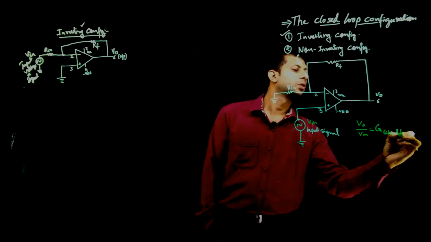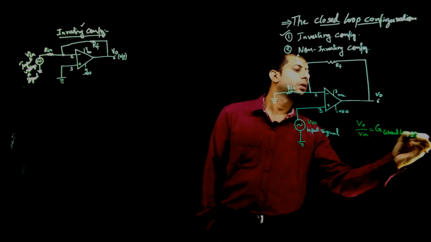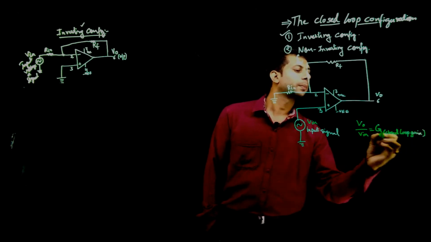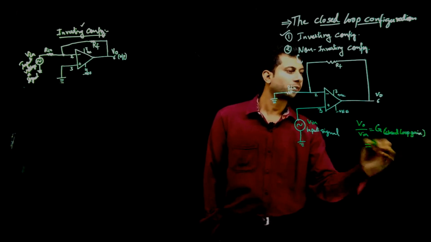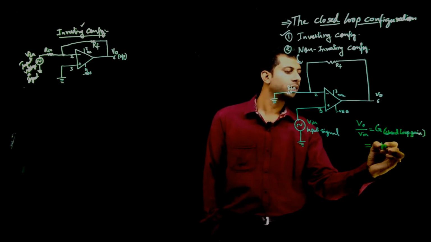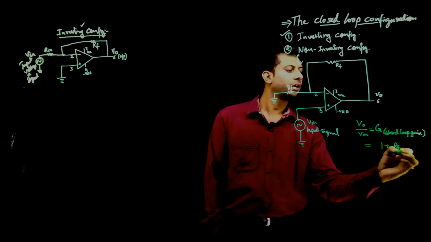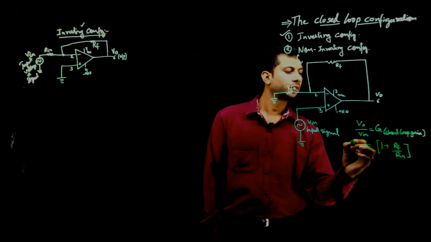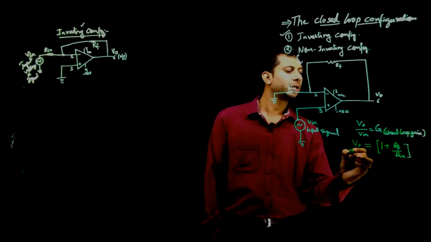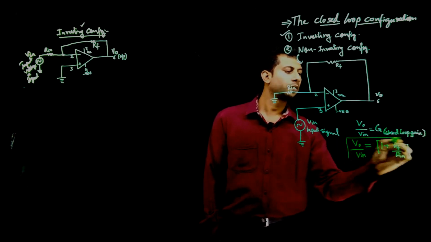which is also known as closed loop gain, is given by, for the non-inverting case, 1 plus RF upon RIN, that is VO divided by VIN. We have to prove this.